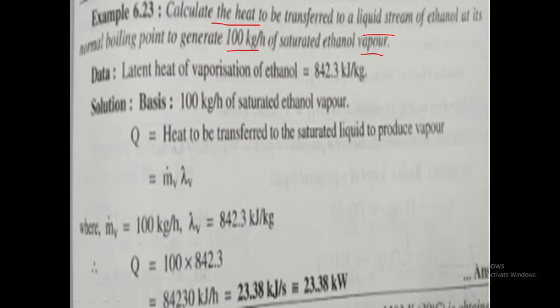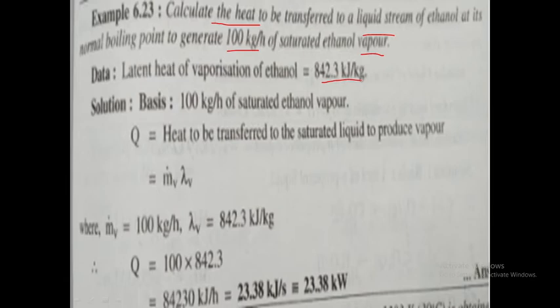The data given: latent heat of vaporization of ethanol is 842.3 kilojoule per kg. What is latent heat? Latent heat is the energy absorbed or released by a substance during a change in its physical state that occurs without changing its temperature.